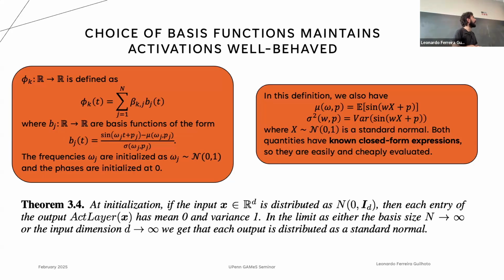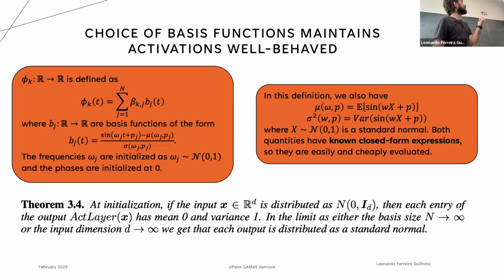Sounds good. So as I said, the inner functions that we have over here are approximated this way, a linear combination of basis functions. The specific type of basis functions that I use for this architecture is as follows. These BJs are normalized versions of a Fourier basis. What do I mean by normalized versions?